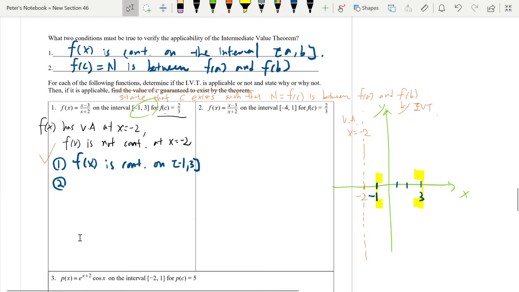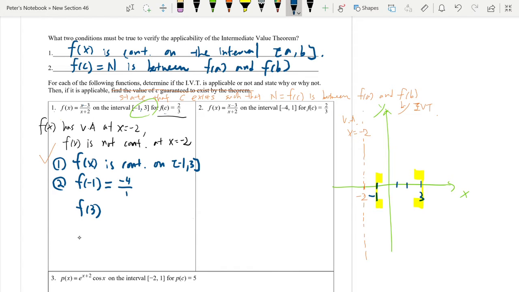Okay, so is that the case? So let's check it out. f of -1, and then let's check out f of 3 as well. Right? And we can plot that on the graph as well. So f of -1, what does that give us? That gives us, if you substitute for it, -4 over, -1 plus 2 is 1, right?